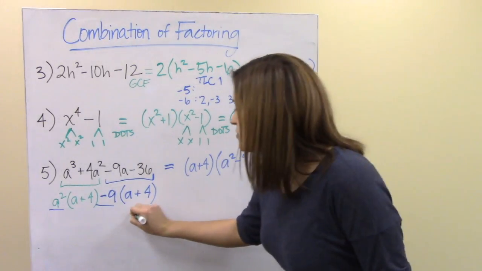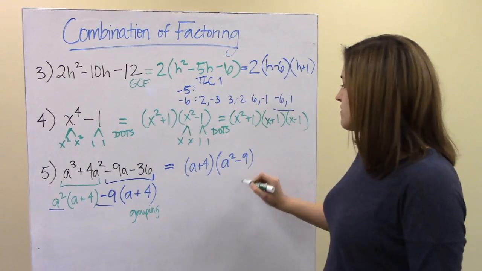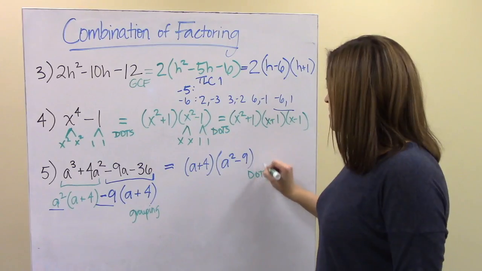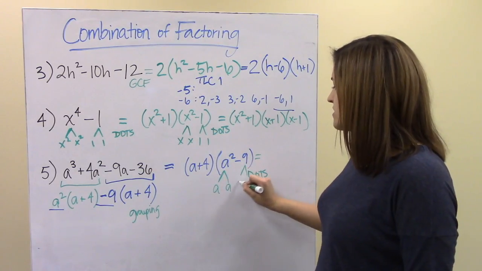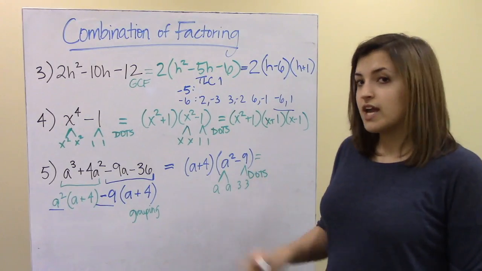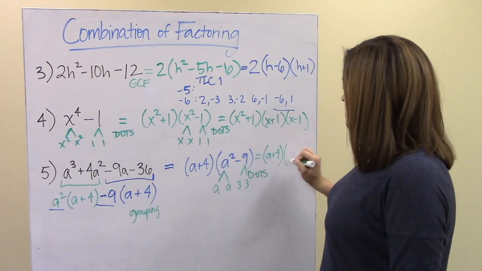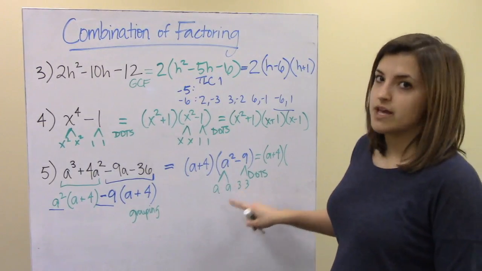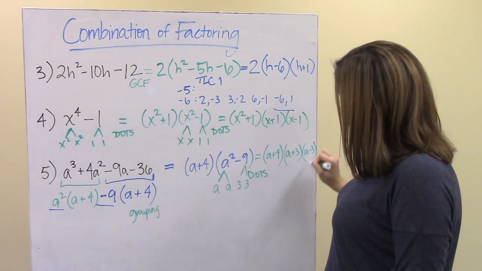So first we had grouping, and now we're going to have a difference of two squares. So this is a times a, and 9 is 3 times 3. So I'm going to get a plus 4 from before, times a plus 3 times a minus 3.